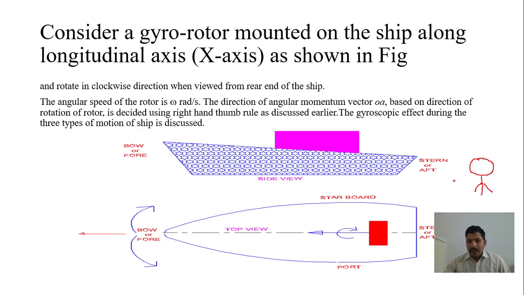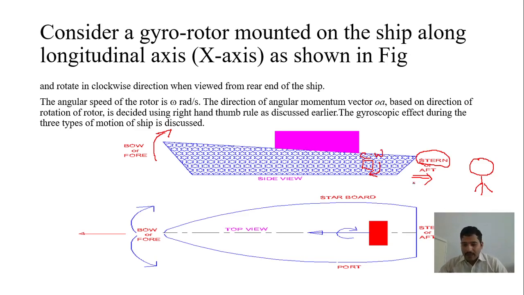At that time, the ship is taking a left turn. When viewed from the stern, the rotor is rotating in the clockwise direction, as shown in the figure.